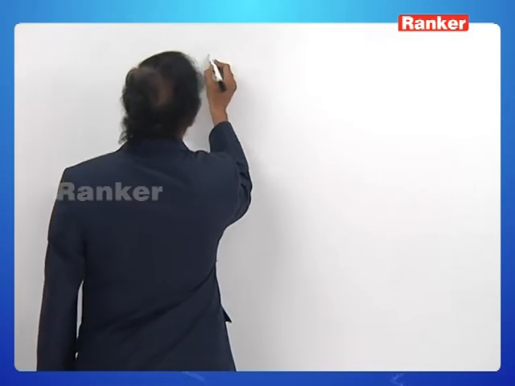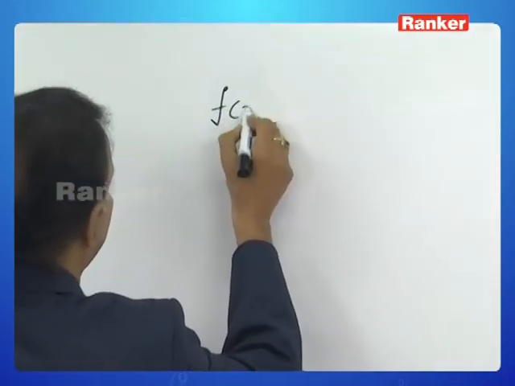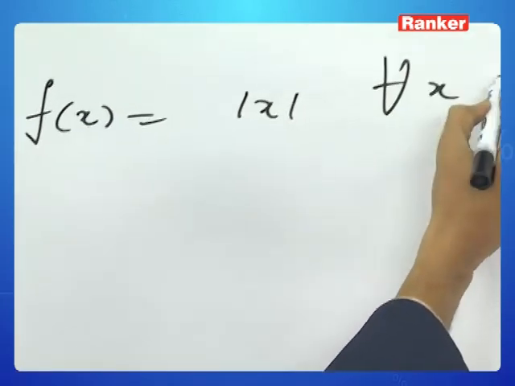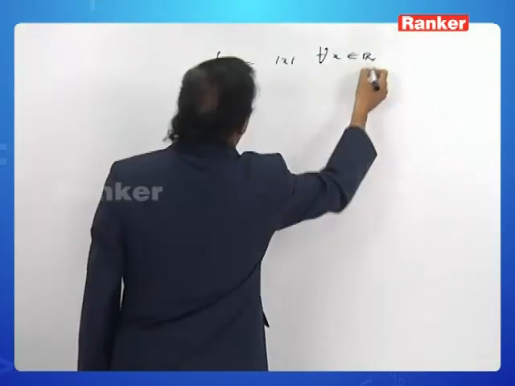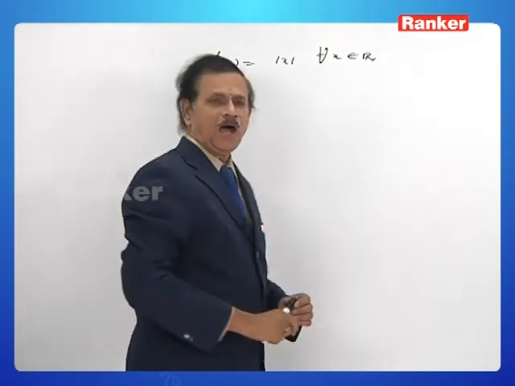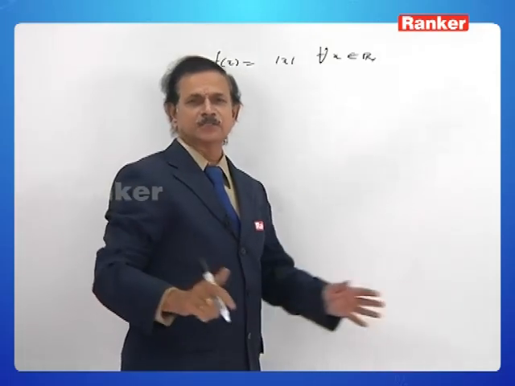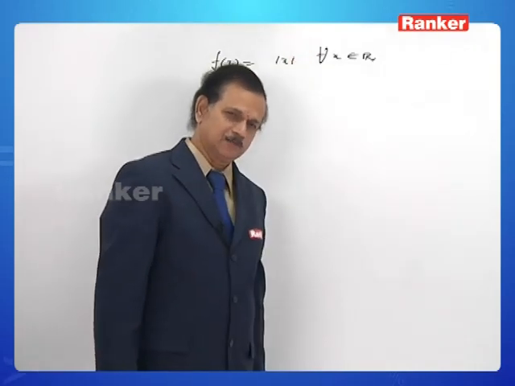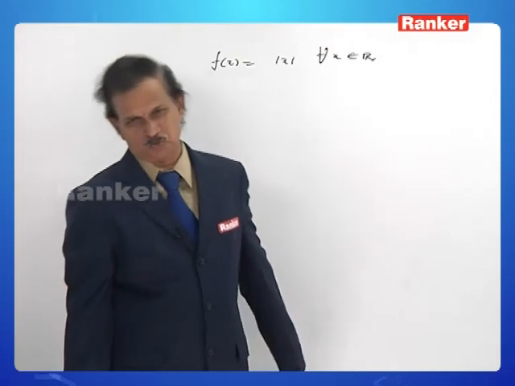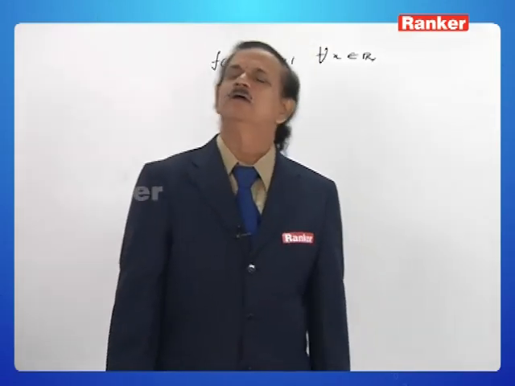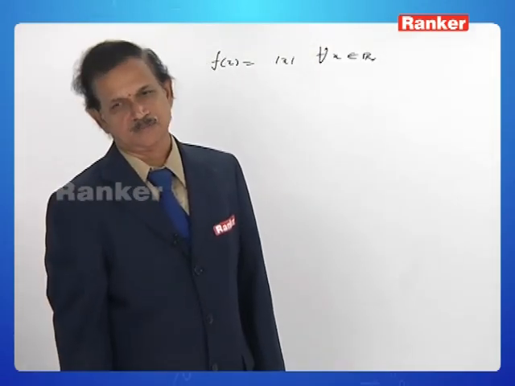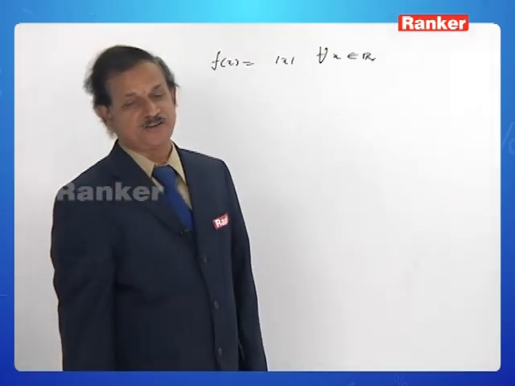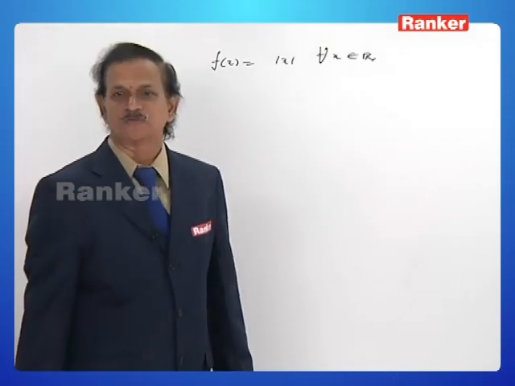Consider, we all know that f of x equal to mod x is everywhere continuous on R. Whatever real number you take, it is continuous on R. Well, let us test its derivability, say at x equal to 0.